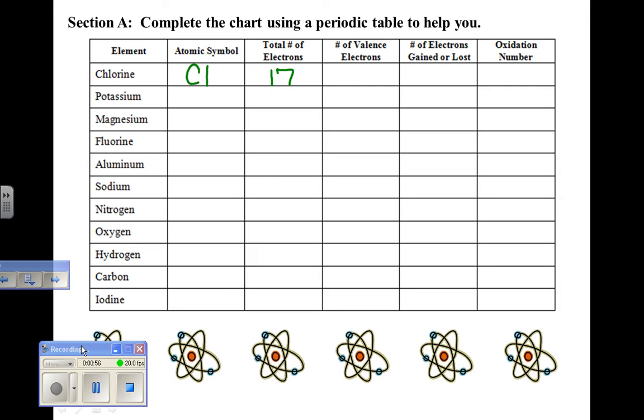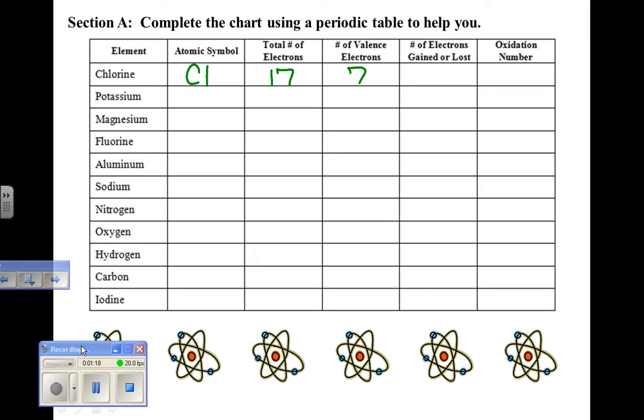How many valence electrons? 7. How do you know? I didn't draw it. It's what group it's in. It's in group 17, right? If you skip over the transition elements, group 17 has 7 valence electrons.